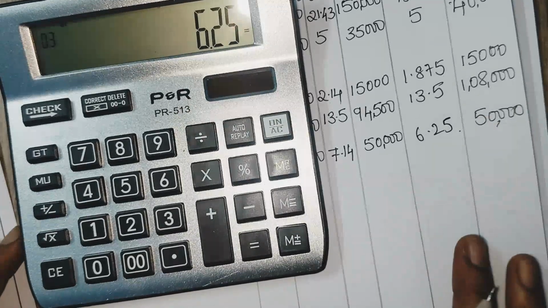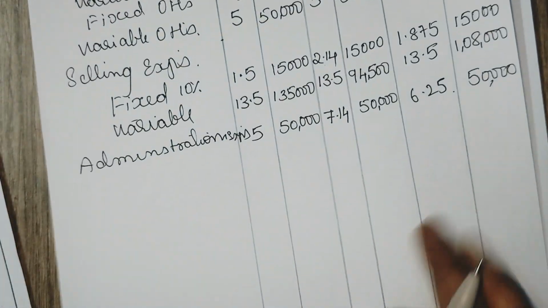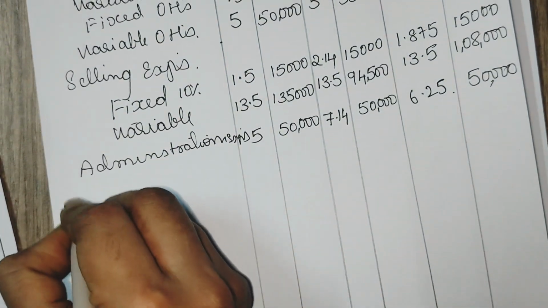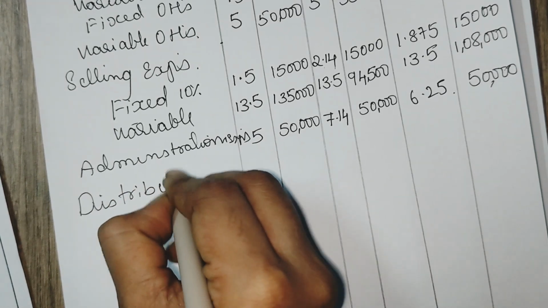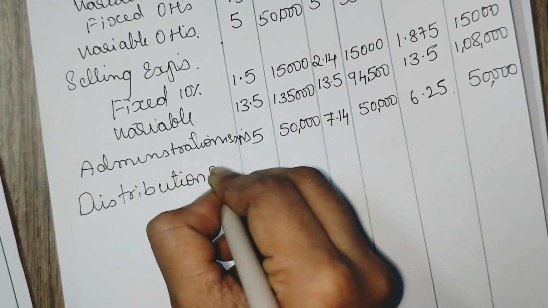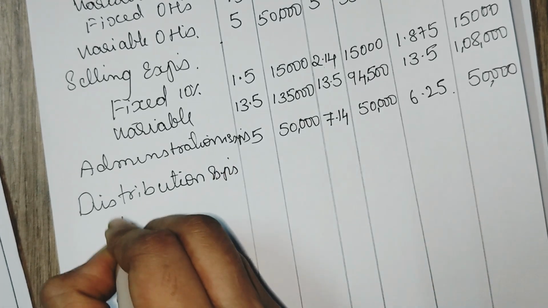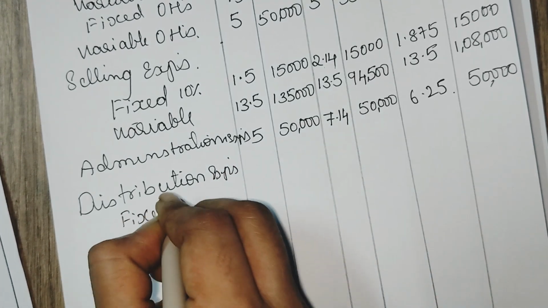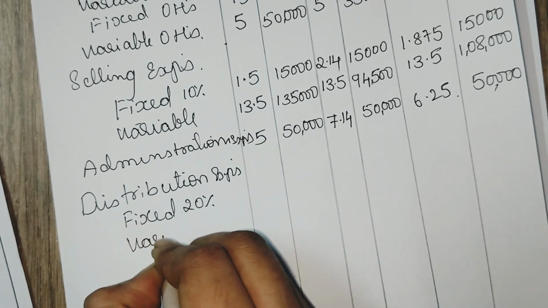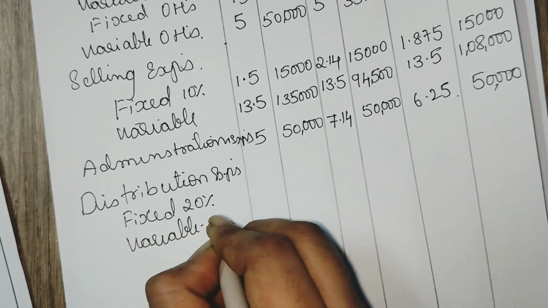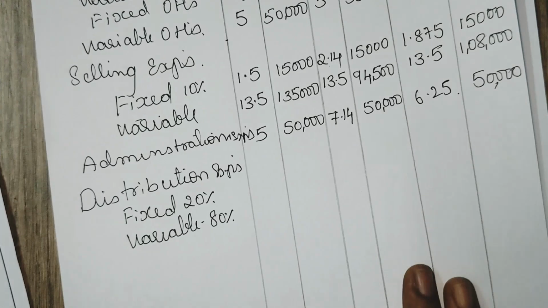The last one is distribution expenses. Fixed is 20%. Variable is the remaining 80%. Right?